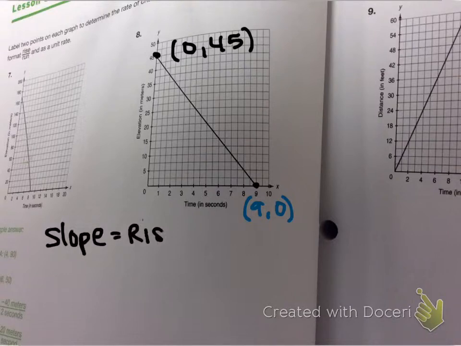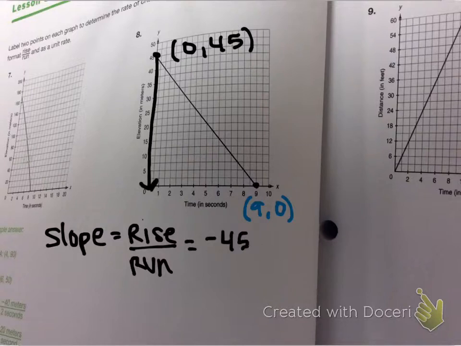Then I write slope equals rise over run. I start on the left, and my rise is actually falling, so it's negative 45.